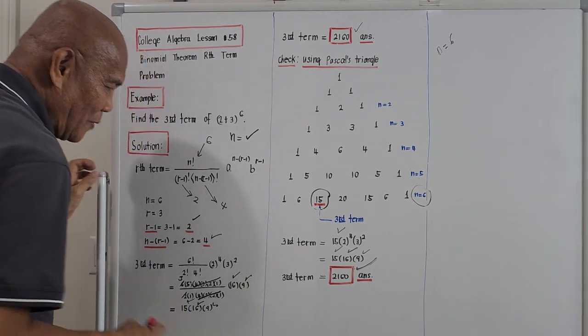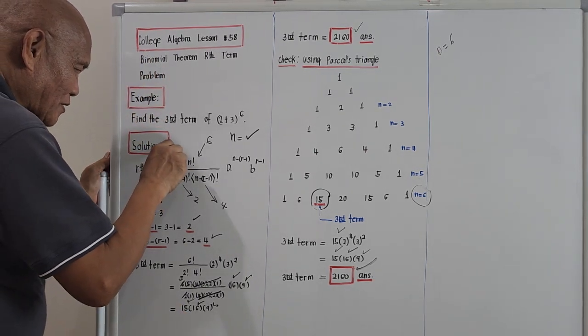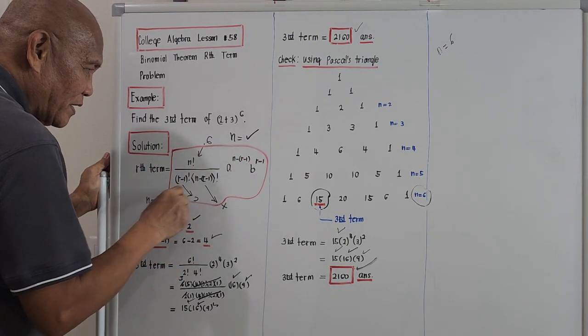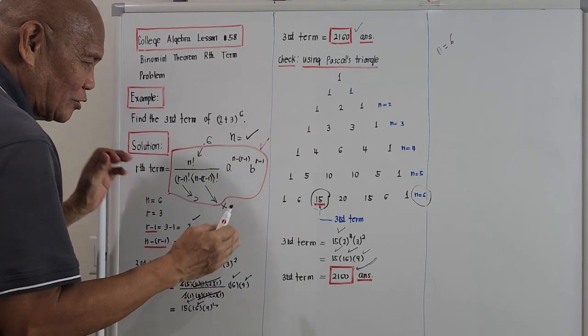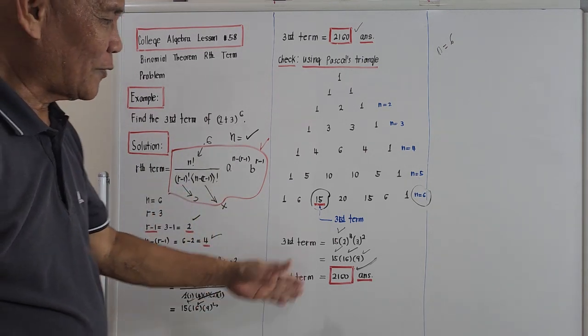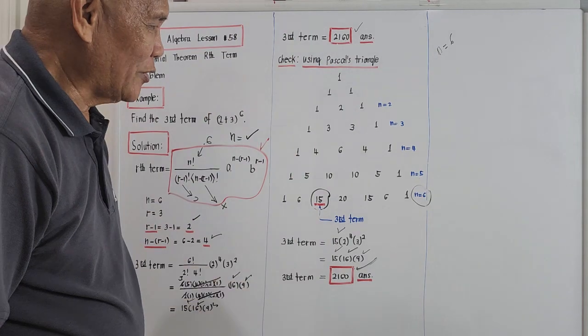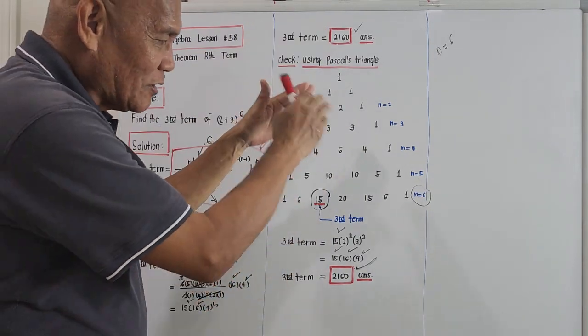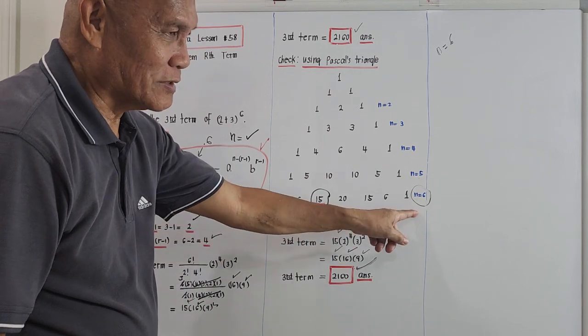So in the computation of the r-th term, it's a must that we memorize this one. But for checking, you don't have to memorize this one. As long as you know the Pascal's triangle, we could bring out the third term by just constructing a Pascal's triangle up to n equal to 6.